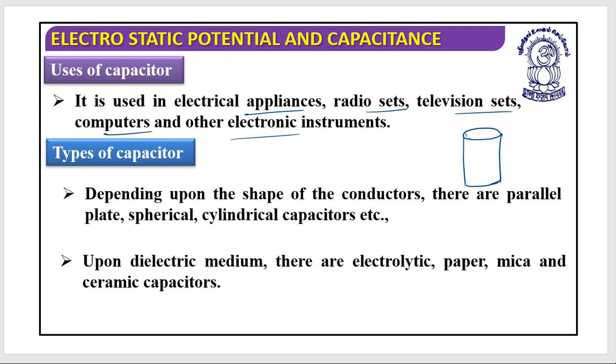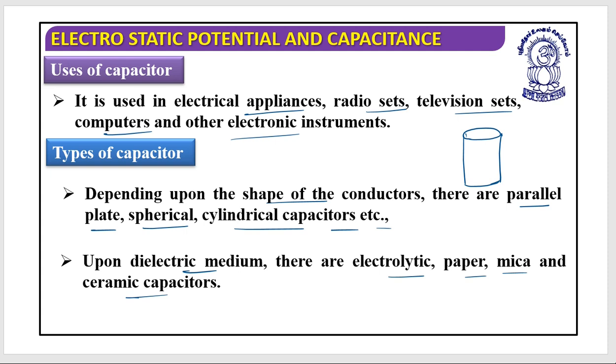Now, different types of capacitors depending upon the shape of the conductor. Majorly there are parallel plate capacitors, spherical capacitors, cylindrical capacitors, etc. When we add a dielectric medium, there are electrolytic, paper, mica, and ceramic capacitors, depending on the dielectric medium we are going to use.